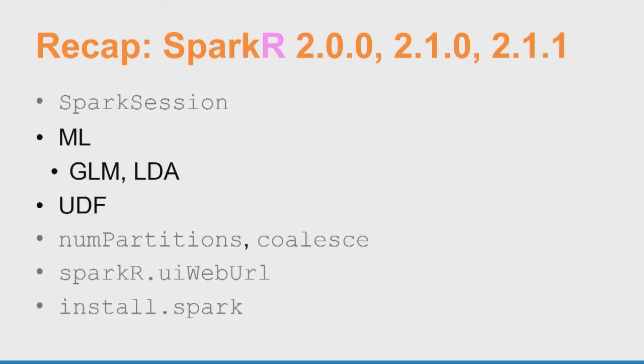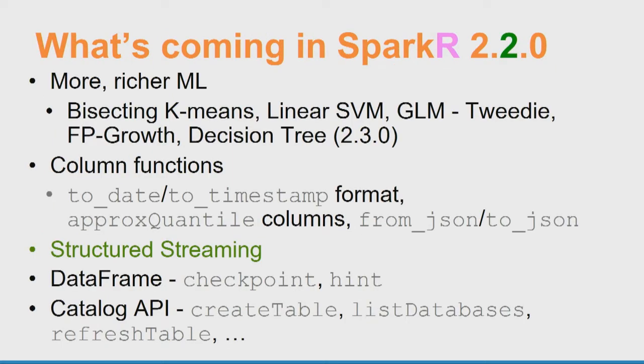And so to recap, in the SparkR 2.0, 2.1 releases, we have SparkSession, ML support, GLM, UDF support, a number of partition APIs, and several other things. But what is coming in Spark 2.2 is also very exciting.